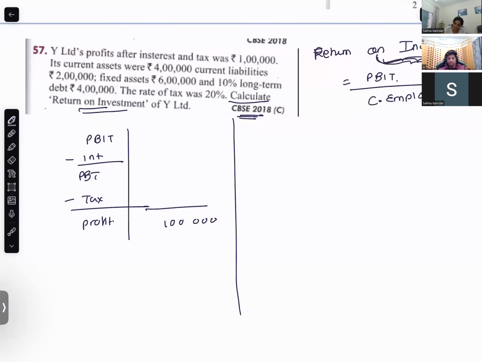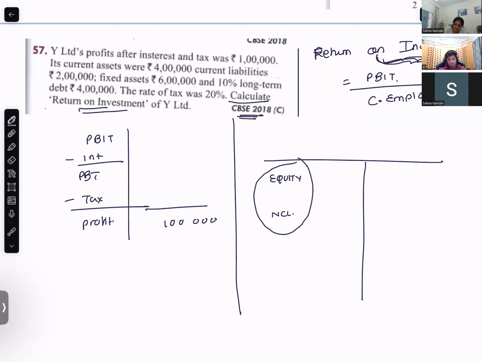My capital employed is also not given directly. So I know that my equity and my non-current liability is the capital employed.